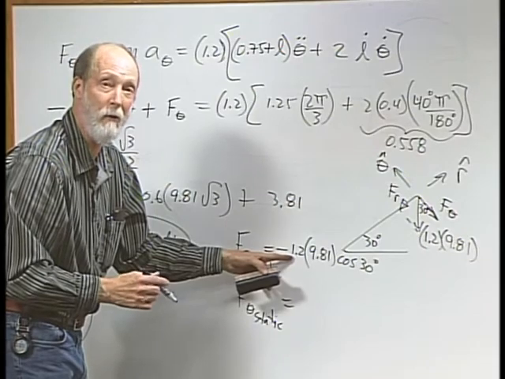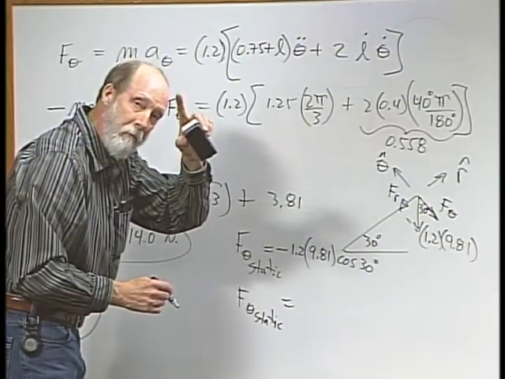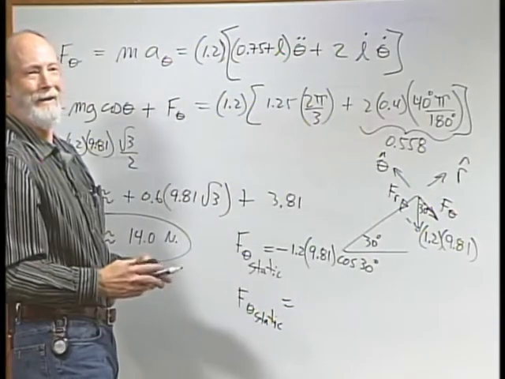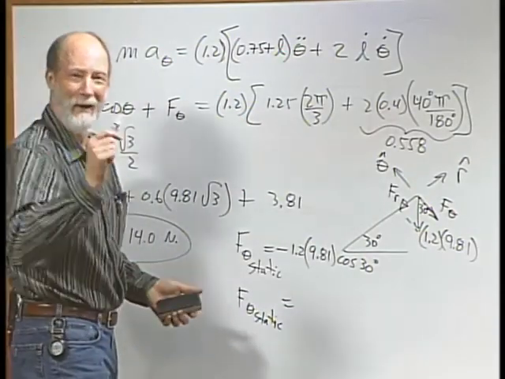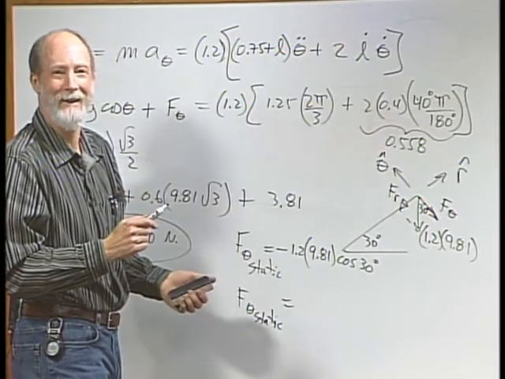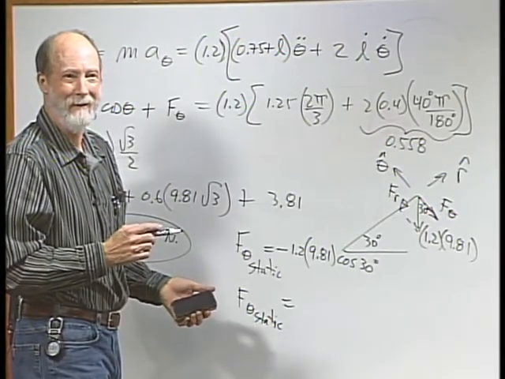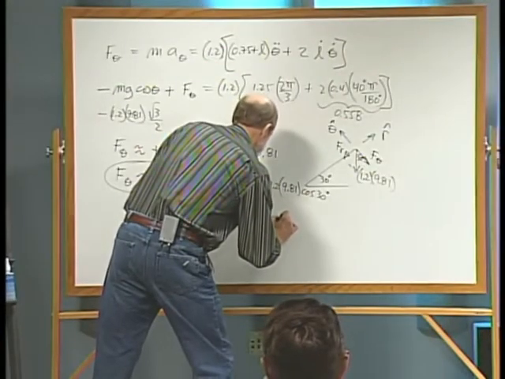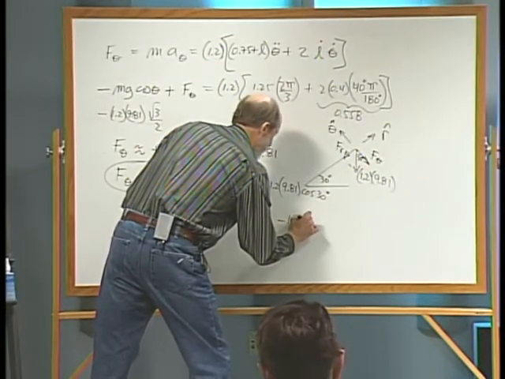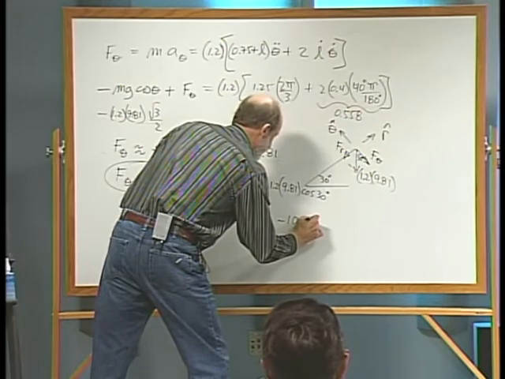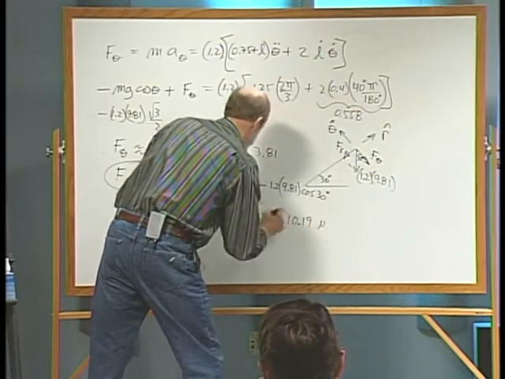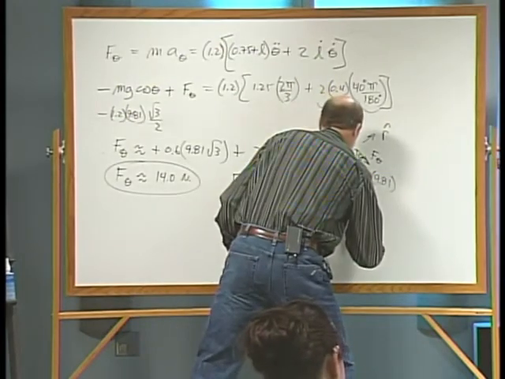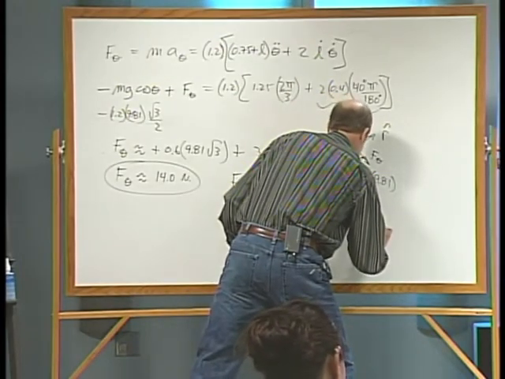Excuse me, 10 point what? 10.19. I got, hold on, did I do that wrong? You guys should all be getting the same result. Okay, yeah, I did it right. Negative 10.19. There's no reason why we shouldn't all consistently get the same result. Thank you. 10.19.